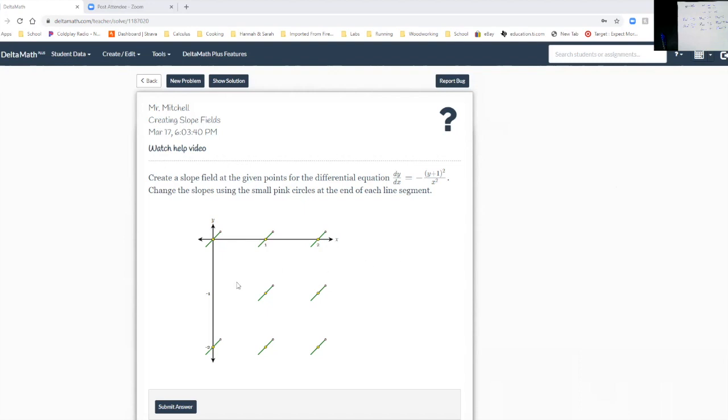Okay. So this point right here at (0, 0), we said it was vertical. So what you do is you grab this pink point and you can just rotate it around, and there's our vertical. Okay. And then there was another vertical right here. Okay. And then at (1, -1), this one was horizontal. So we're going to make sure we draw these horizontal. So right there, it kind of clicks in too.